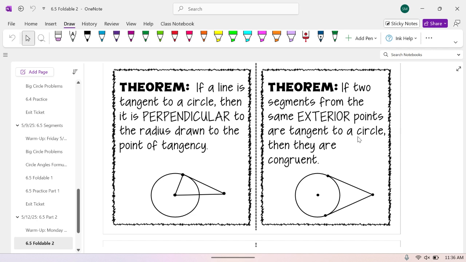And the last one, I have a radius and a chord. All right. And it's perpendicular. So at the intersection of the perpendicular, what's true? What bisects what?